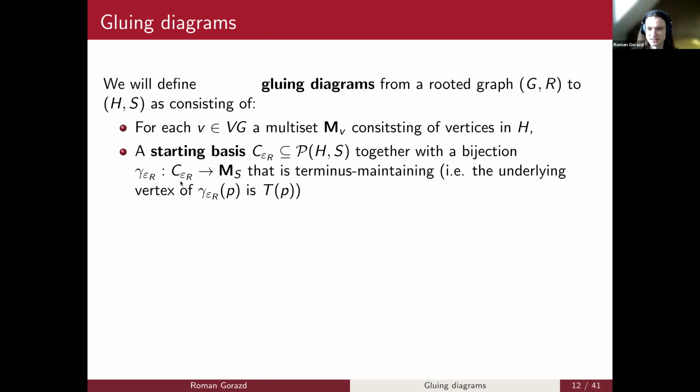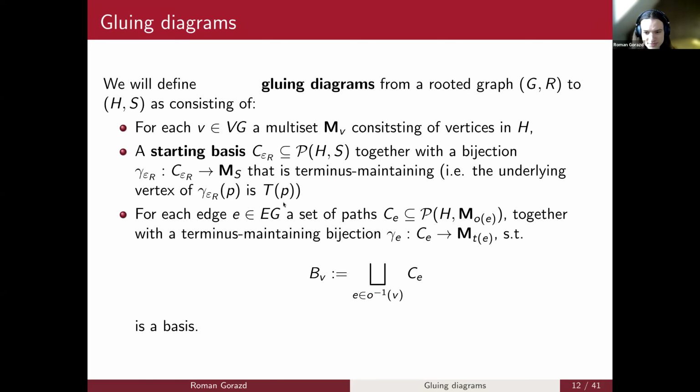And we get a bijection from the starting basis to the multiset of our root here, because the empty path rooted on S will be the starting point of H. And again, we want them to be terminus maintaining. So the underlying vertex of each image is the terminus of the path. So we can glue.